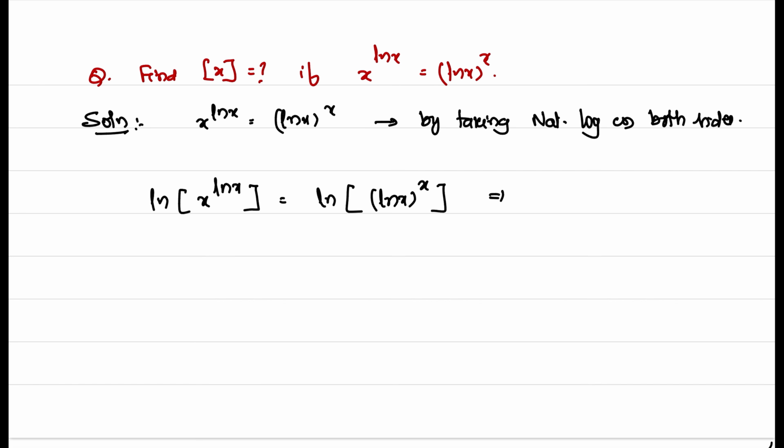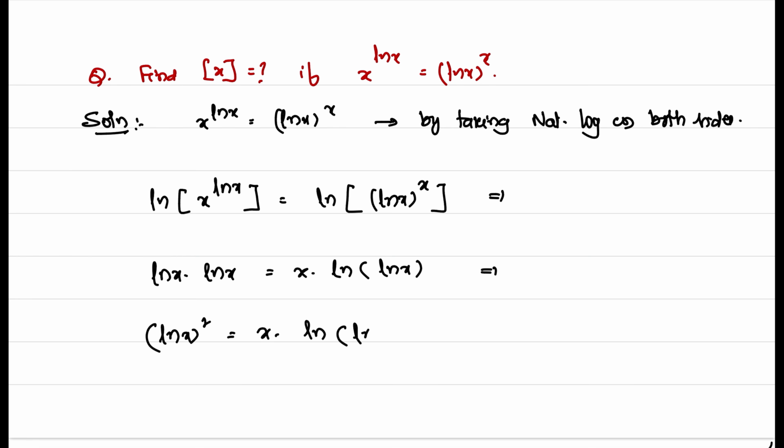That implies ln x into ln x is equal to x into ln of ln x. That implies ln x whole square is equal to x into natural logarithm of ln x. Let p is equal to ln x.